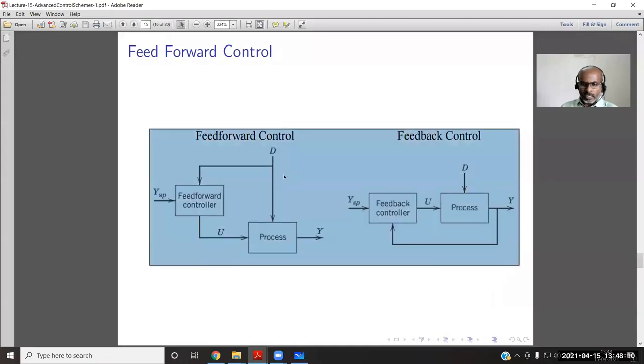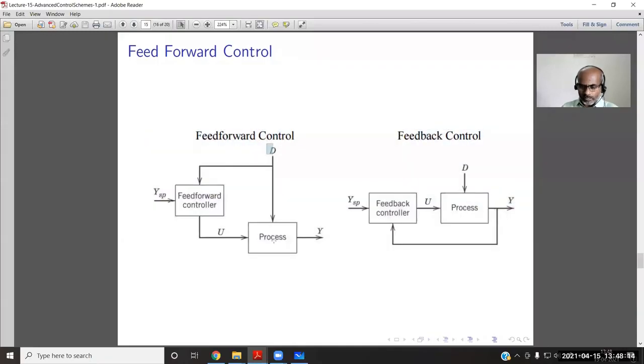Whereas in feed forward, even before the disturbance affects the process, you take its measurement, and you know how the disturbance will affect the process. You know the perfect model, the perfect relation between D and P, disturbance and process. Only if you have such a good relation can you implement this feed forward controller.